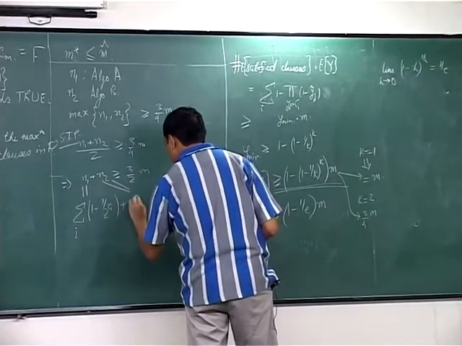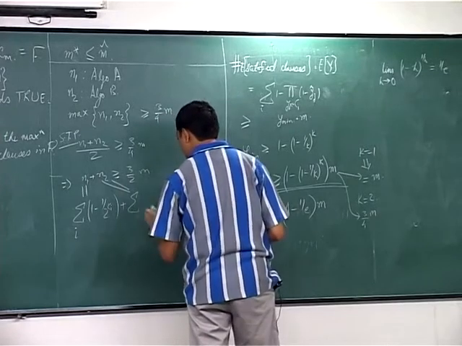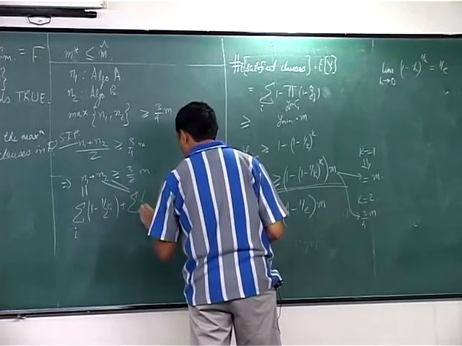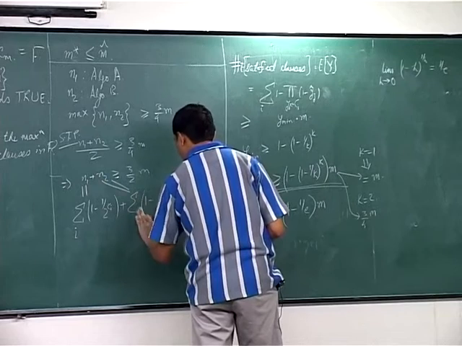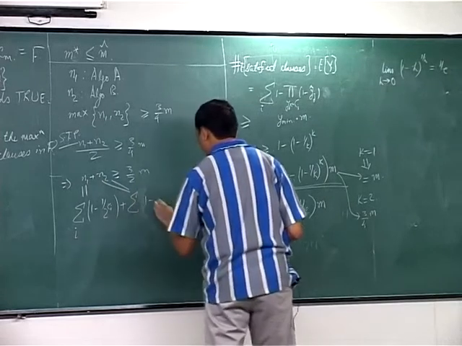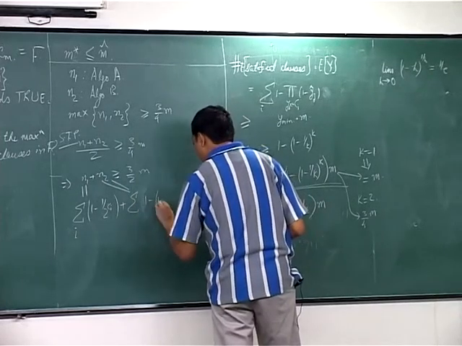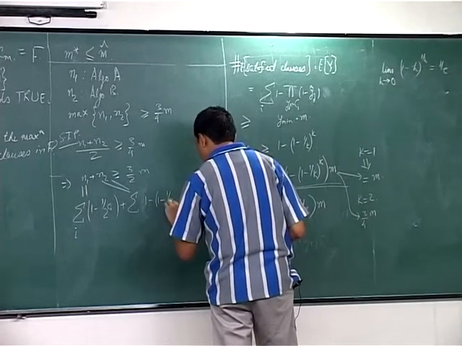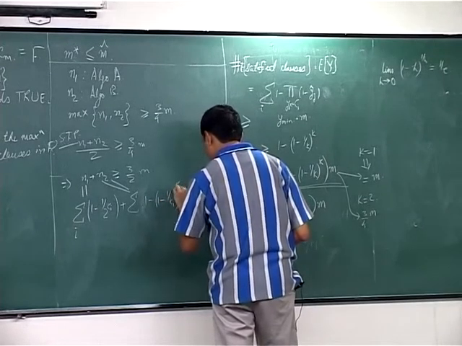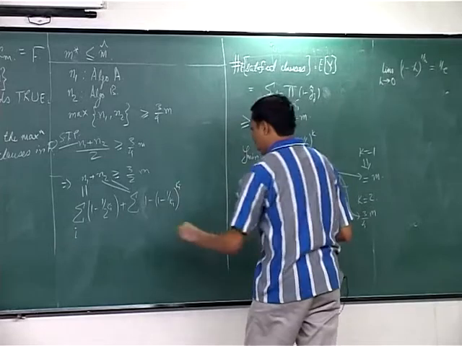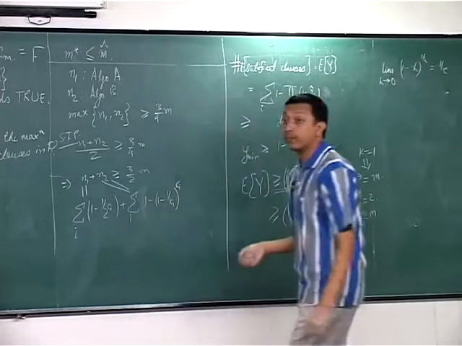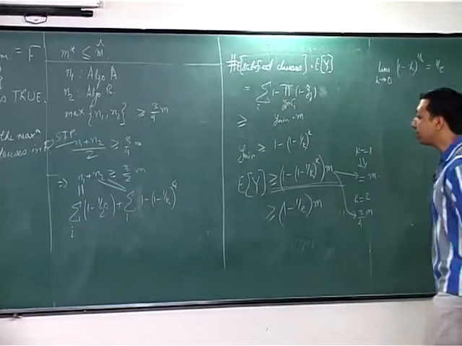And what was this? This was summation 1 minus 1 minus 1 by ki raised to ki, again summation over i, right?